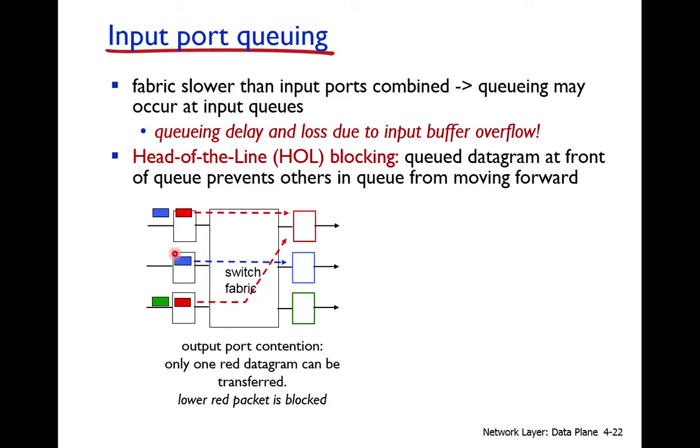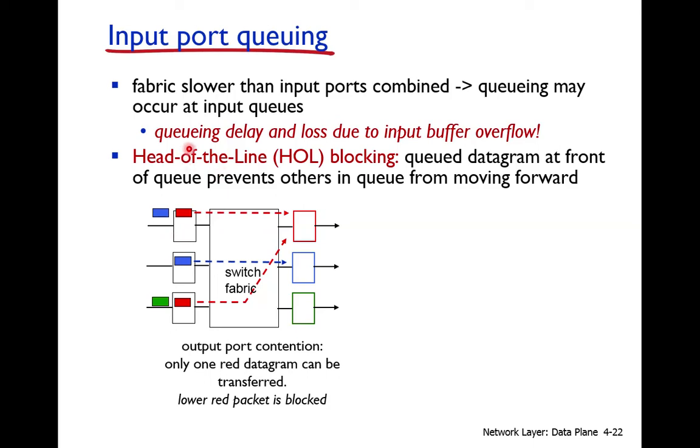For example, four packets arrive in a second, and one packet is forwarded by the switching fabric. Then three packets will be stored in the queue in the input buffer.